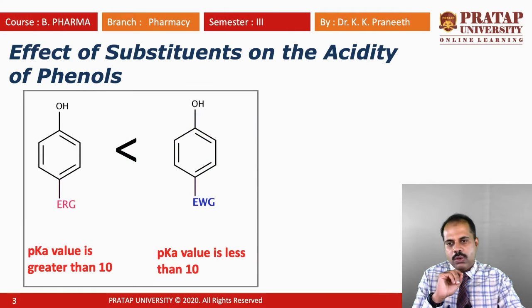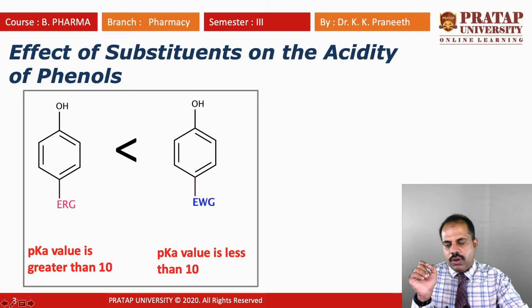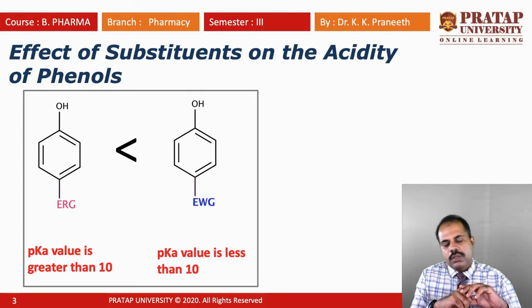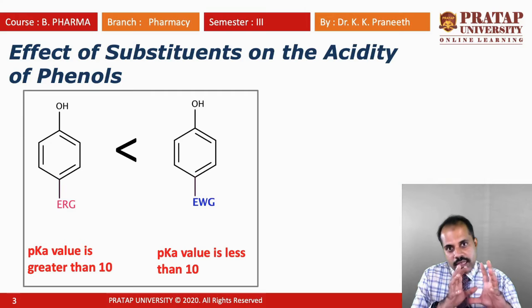Regarding the pKa value, on the left hand side, the phenol has an electron releasing group, and the pKa value is greater than 10. On the right hand side, the phenol has an electron withdrawing group, and the pKa value is less than 10.